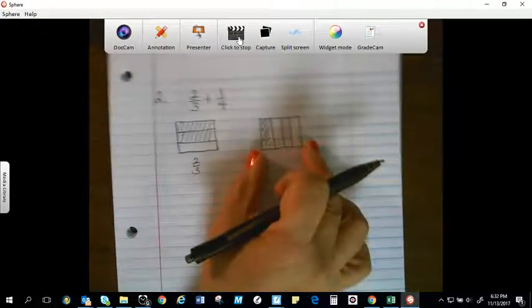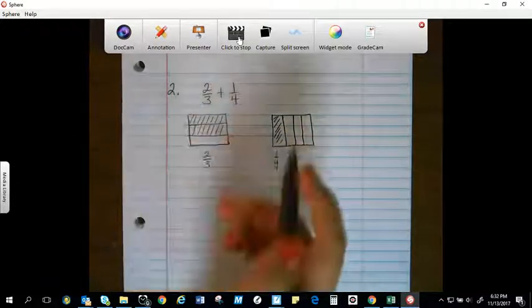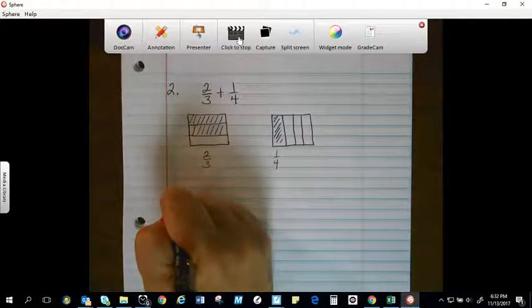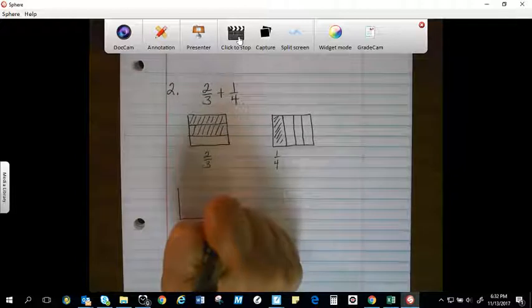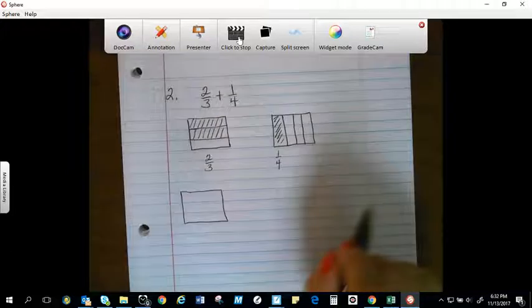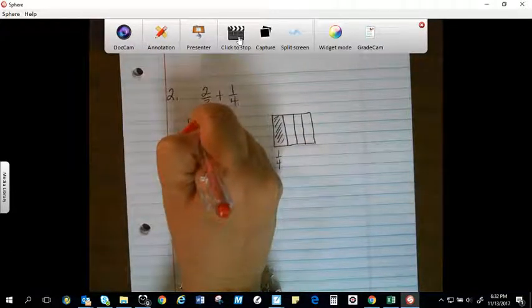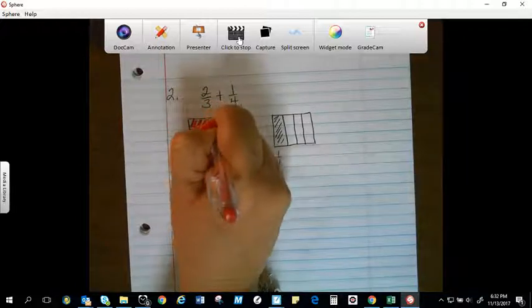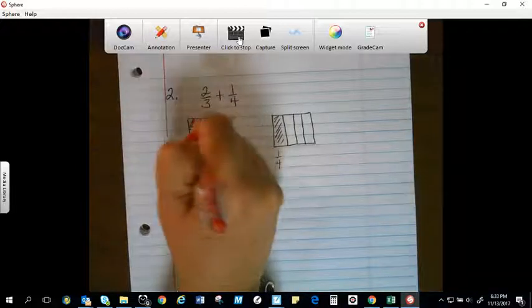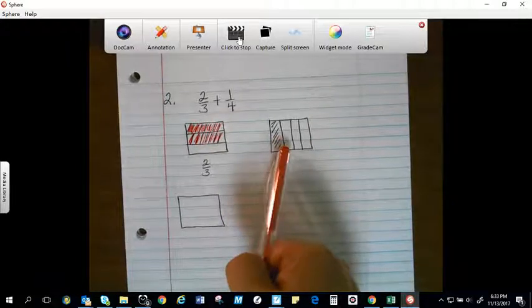Now I'm going to take this, I'm going to redesign it. I'm going to take this part and move it over here. So I'm going to bring this down here so I can have a better picture. And as a matter of fact, I'm going to add a different color. I'm going to have this one red so it's easier to see. And then I'll keep this one black so that we can see that.